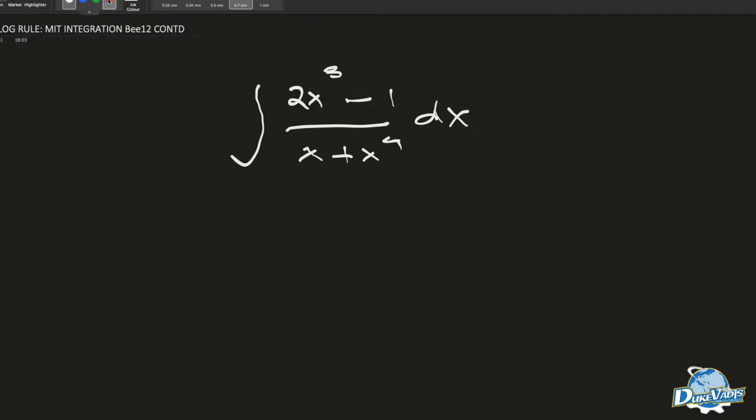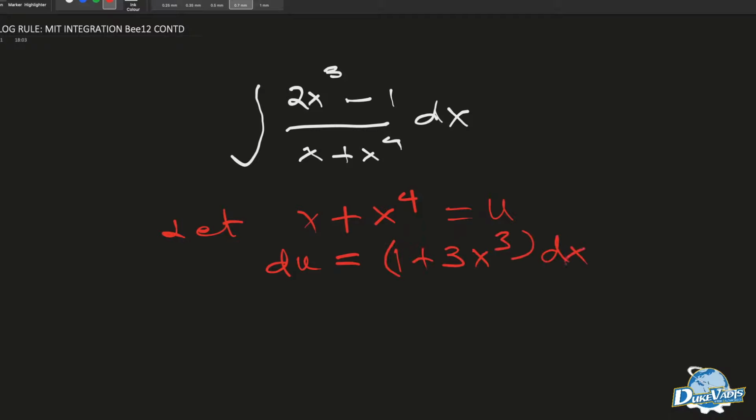why don't we tackle it this way by letting x plus x raised to the power 4 be equal to u. If we say so, then the differential du will be equal to (1 plus 3x cubed) dx.